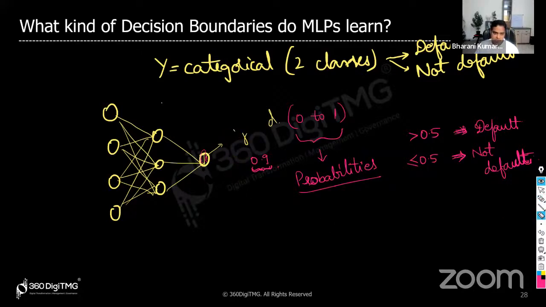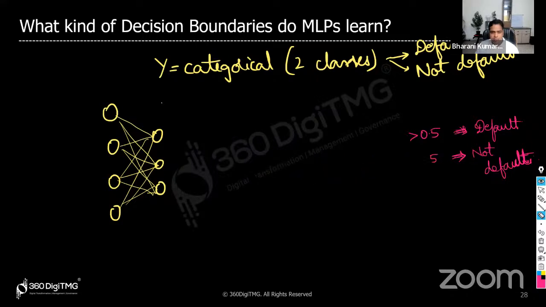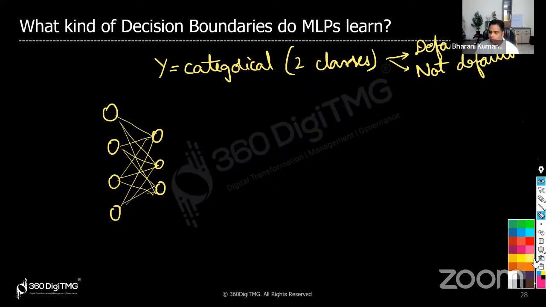Let me erase this and let's take an example of 3 classes. Would a person repay the loan on time, or will a person repay the loan with a delay, or will the person default completely, right? Say there are 3 classes.